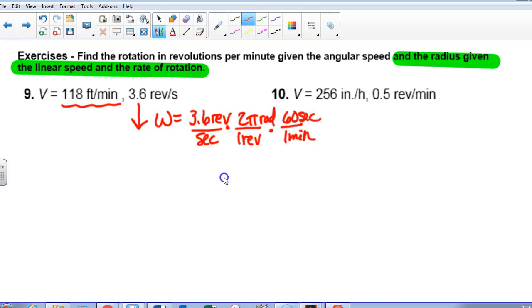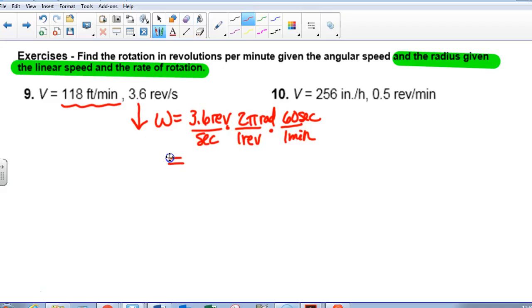Are we totally lost? It's turning 3.6 times per second. Every one of those 3.6 times is 2 pi, so then we're at radians per second. But because we want to use this 118 feet per minute, I'm going to go ahead and change this to minutes. So 60 seconds will cancel the seconds and leave us with minutes.